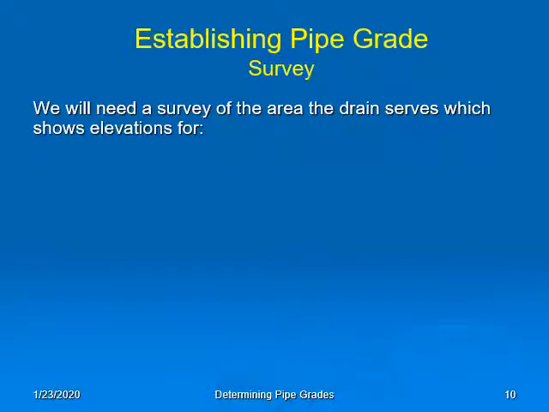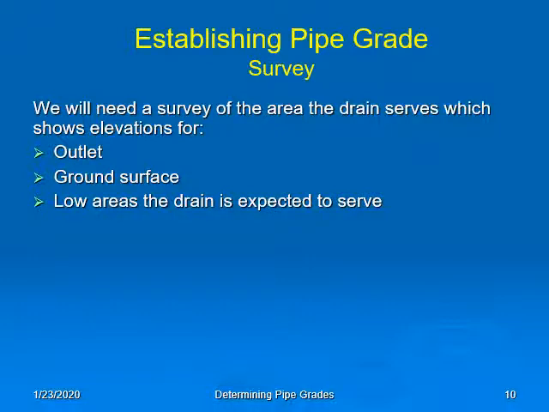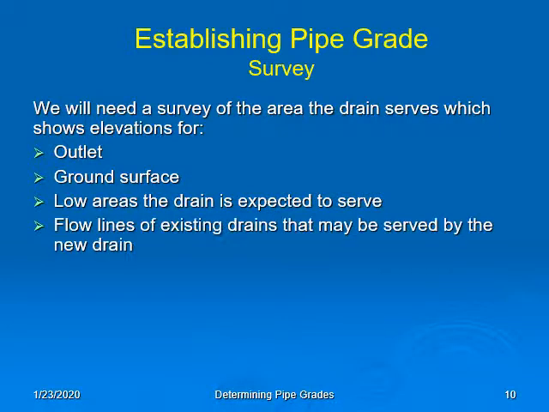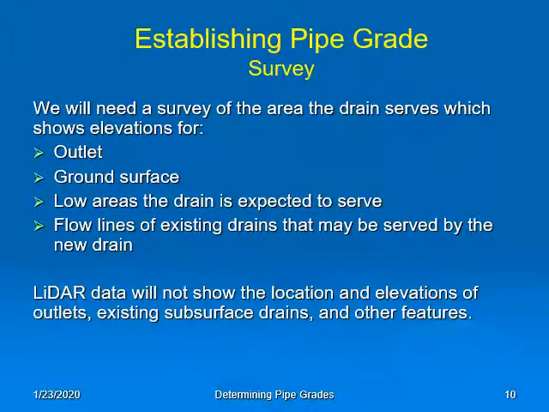We will need a survey of the area the drain serves, which shows elevations for the outlet, the ground surface, low areas the drain is expected to serve, the flow lines of existing drains that will be served by the new drain. As I mentioned, LiDAR data will not show the location and elevations of outlets, existing subsurface drains, and other features.